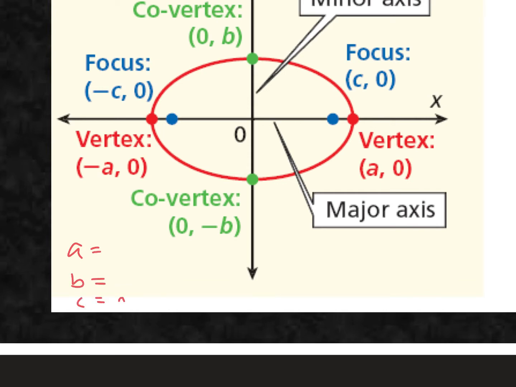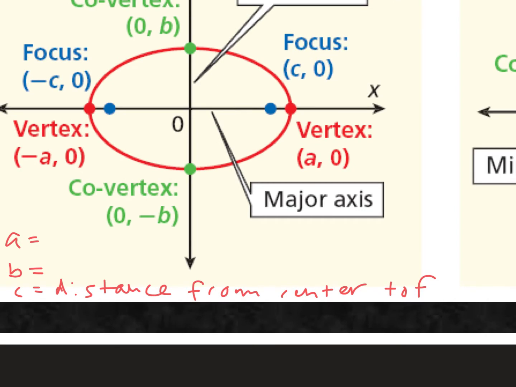C is the distance from the center to the foci. The foci is just the plural of focus. So C is the distance from the center to the foci.